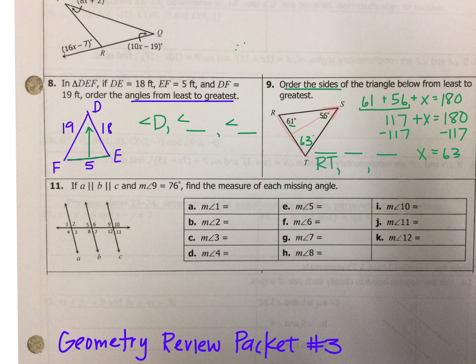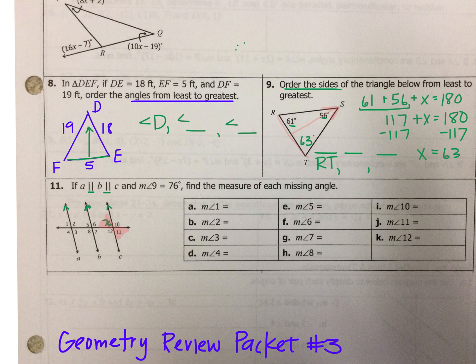On number 11, what we're going to do, first, we know that this means parallel. So that line is parallel to that line to that line. And it tells me that angle 9 is 76. So I'm going to make that a 76. Well, if I look right here and I use my genius memory from what we learned last semester, I want to look at this angle and this angle.